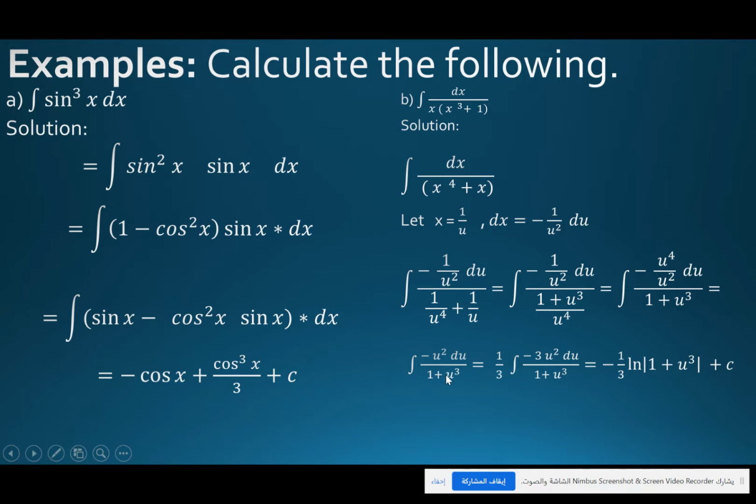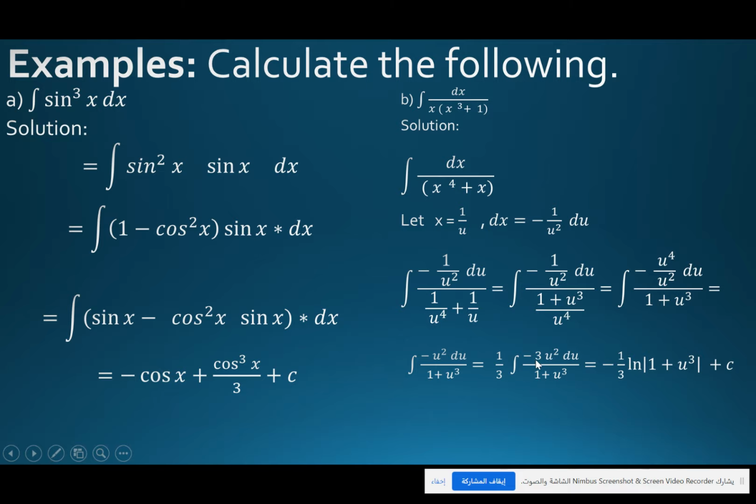Here I can see that 3 is missing, because if you derive the denominator, you will get 0 plus 3u squared. This is the derivative of the denominator, and you don't have a 3 up. So the idea is easily you can multiply by 3 and divide.